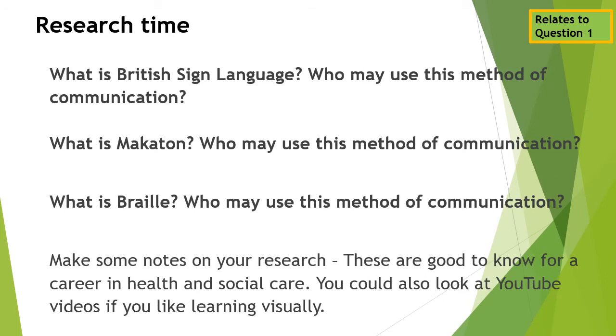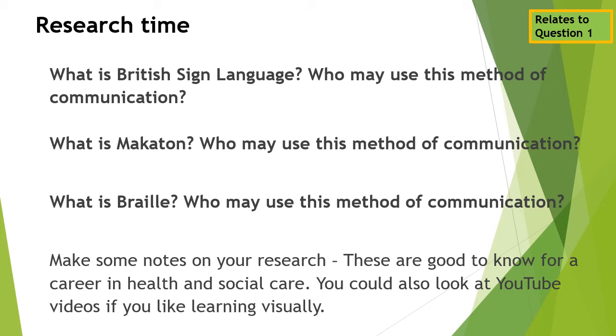So now you're going to do some research, okay? You will pause the video once you've looked at the slide here, and you're going to research British Sign Language. So go and find out what is British Sign Language, who may use this method of communication. Also, look at Makaton, who may use this method of communication. Look at Braille, and again, who may use that method of communication.